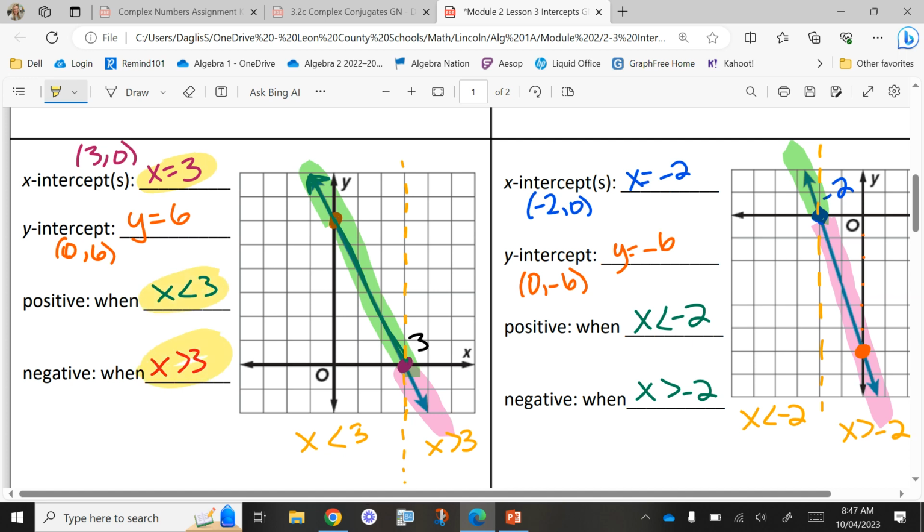Over here, our x-intercept was -2. That's what we use for positive and negative. Do you think that will always happen? Yes. Your x-intercepts will always help you with positive and negative because that's on the x-axis, and positive and negative is either above or below the x-axis. So above or below that point.